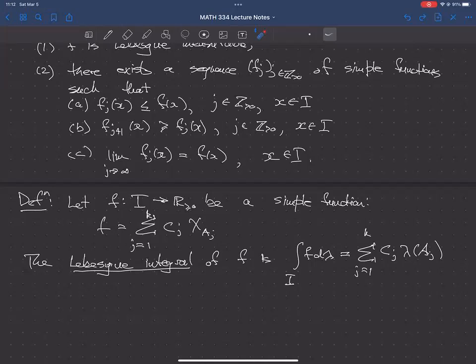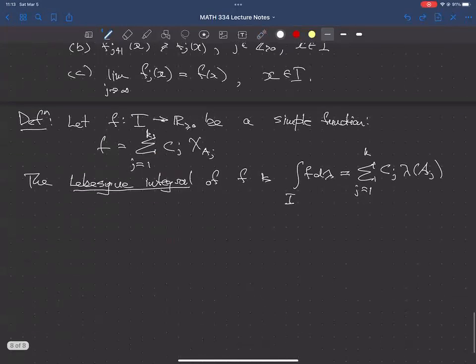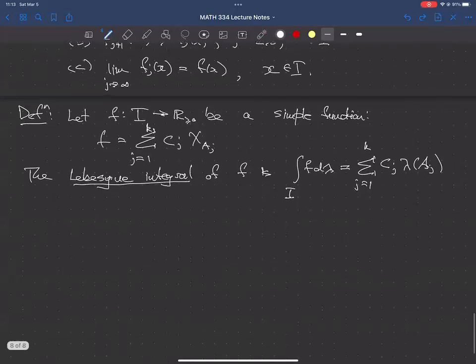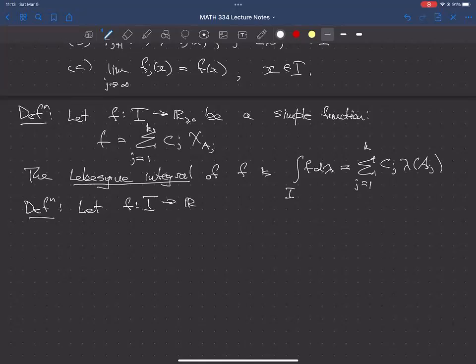And then the integral of the sum is going to be the sum of these, because I'm now asking for the integral to be linear. So that's the integral of a positive simple function. All right, now I'm going to start where I started a moment ago. I take an extended real valued measurable function.